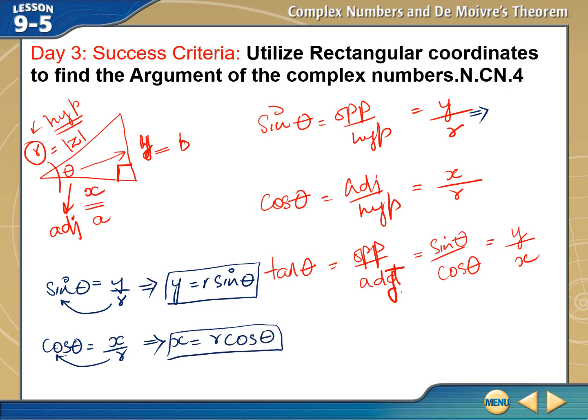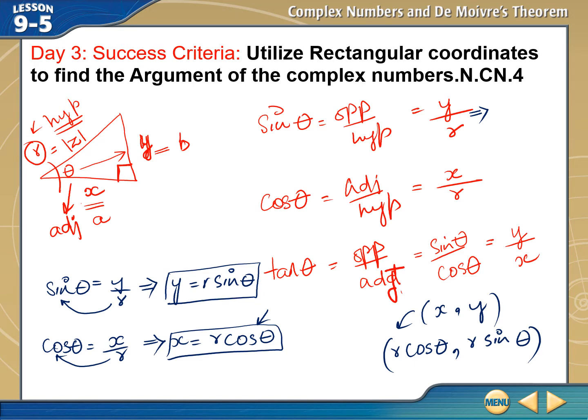Coming to the rectangular coordinates, or the Cartesian plane coordinates, that is x and y, I can write x as r cosine theta, which I just found, and y can be replaced by r sine theta. This is what we have already studied.